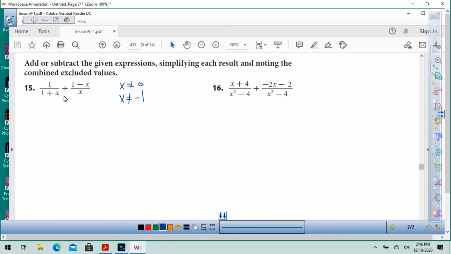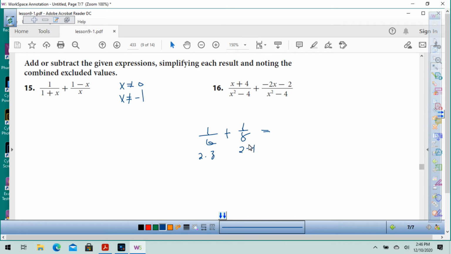Now, to add these two, I have to have like denominators. Remember, let's see, if you had 1 over 6 and you wanted to add 1 over 8 to it, you'd have to see that's 2 times 3, that's 2 times 4. So, let's see here. They both got a 2 in it.